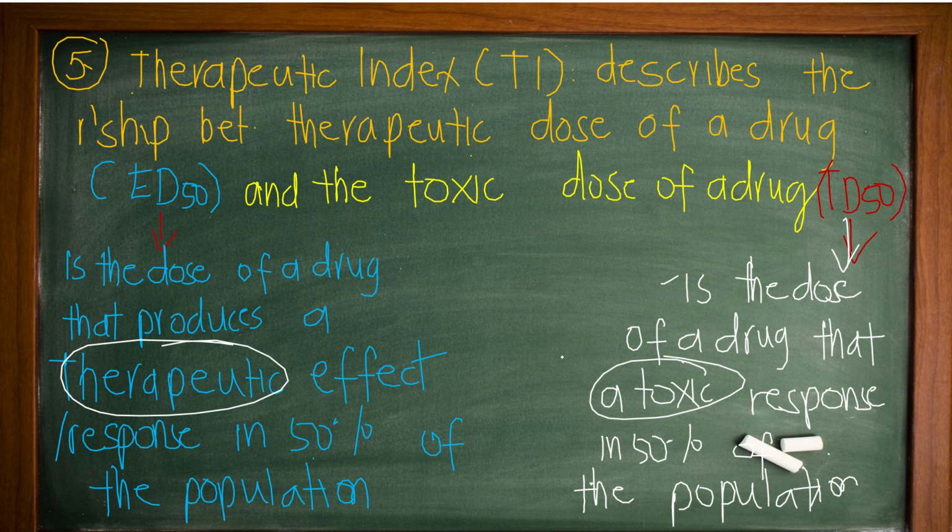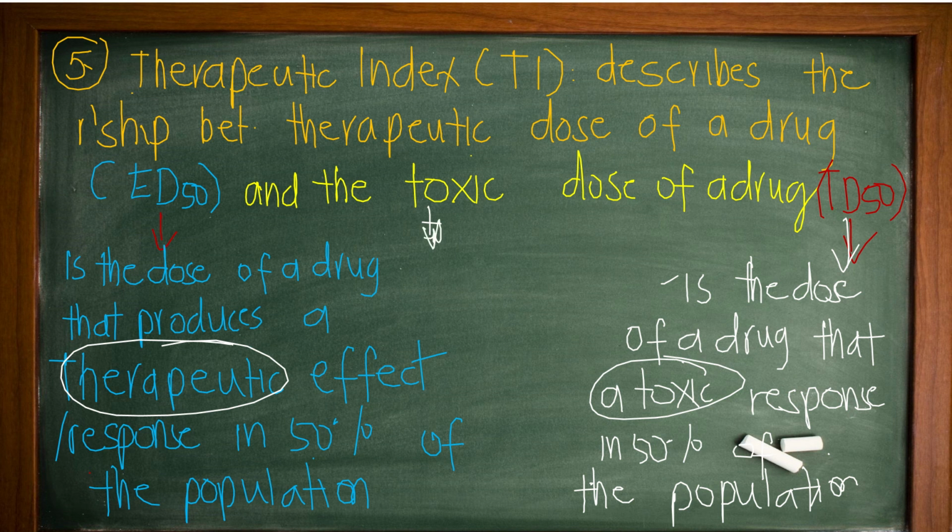So why is this therapeutic index very important? If the ED50 and TD50 are close, the drug is said to have a narrow therapeutic index. The difference between 2 points, that's the therapeutic index. So if the ED50 and TD50 are close, ano ibig sabihin nun? The drug is said to have a narrow therapeutic index.